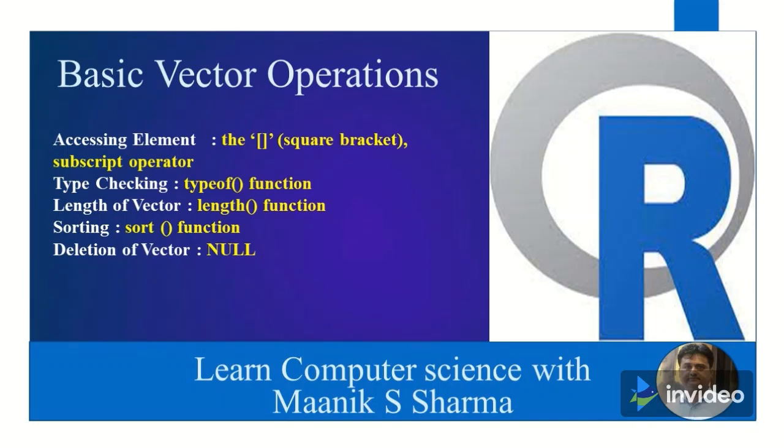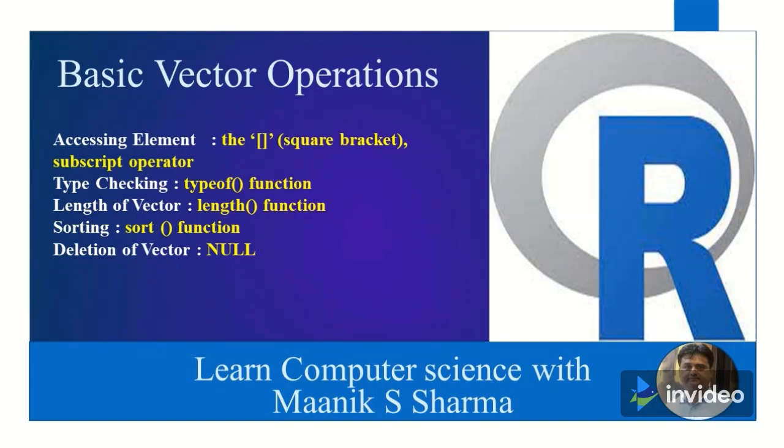If you want to access the fourth element of the vector A, then you can access it by writing the statement A[4]. However, one important aspect is that unlike C, C++ or Java, vectors in R are one-base indexed. That means the indexing in R vectors starts from 1 rather than 0.